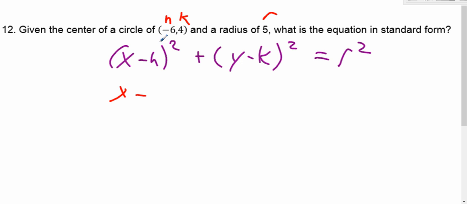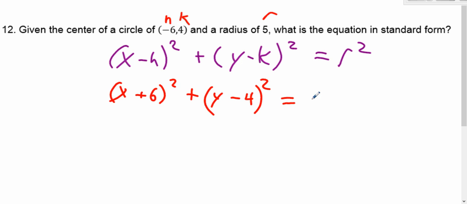So x minus -6 is +6. Y minus 4 equals r squared. 5 squared is 25.